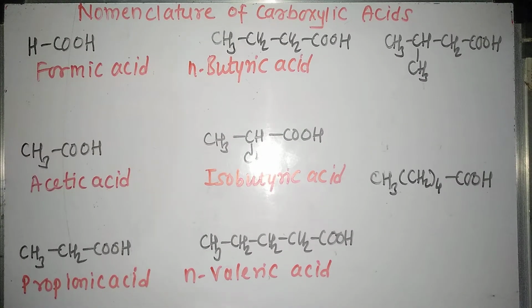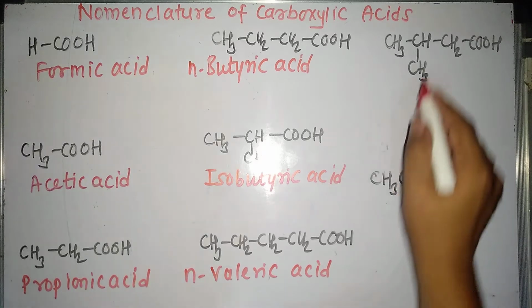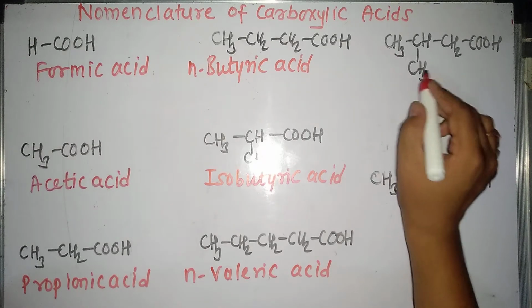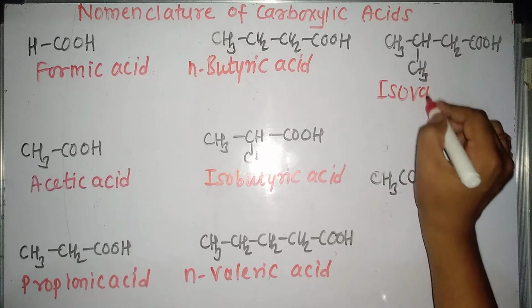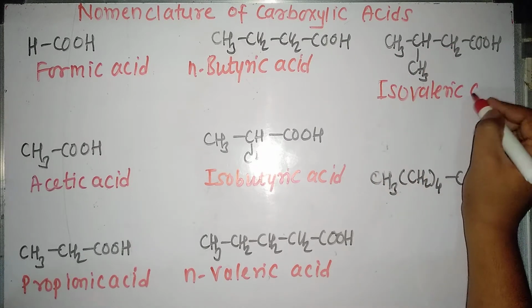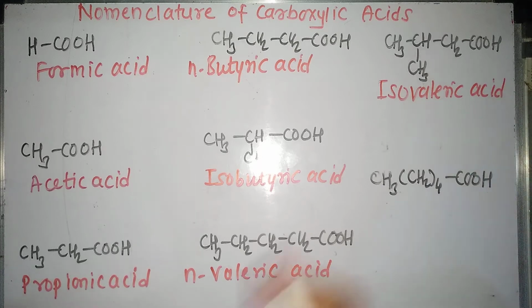The next member has a total of 5 carbon atoms, but at the second position there is a methyl group. That's why it is called iso. 5 carbon atoms, that's why valeric. So the name will become isovaleric acid. That valer word came from a perennial plant. That's why it is called valeric acid.